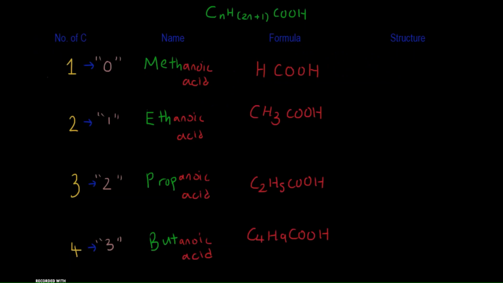So let's move on to the structure. Structure wise is quite simple. We always begin with a C, remember? And let's always end off with a COOH for this chapter. Then we can just fill in the empty space with a H. Oh sorry, this is not the case. I'm jumping ahead actually.